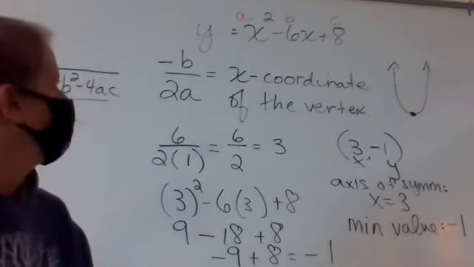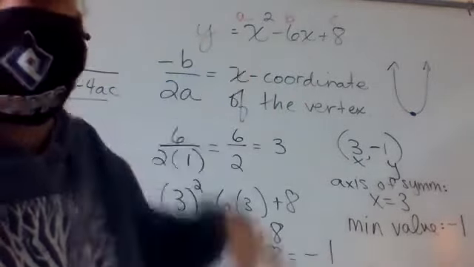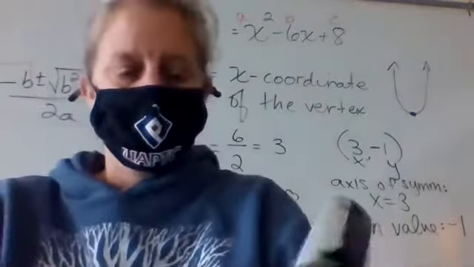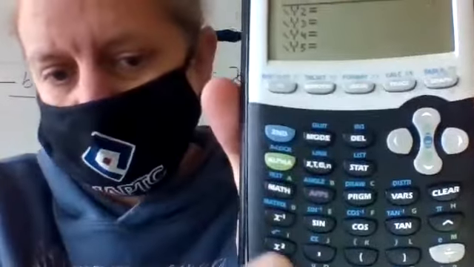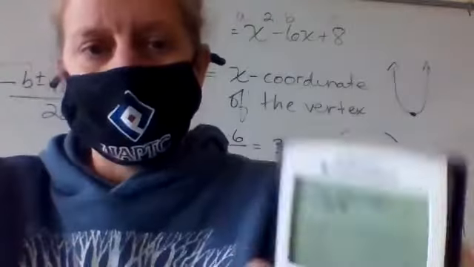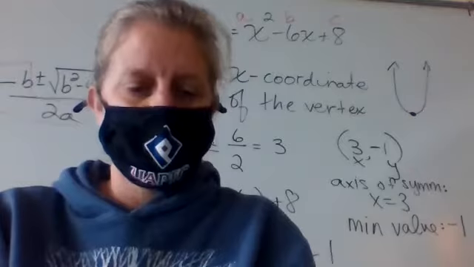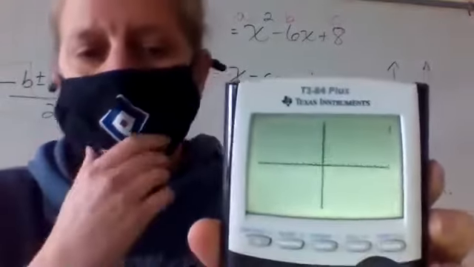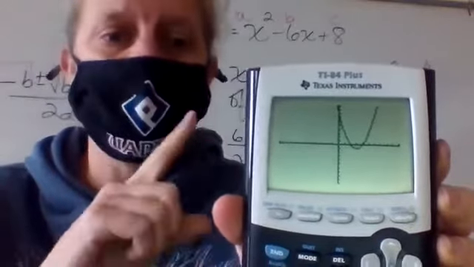Sorry, I couldn't get my calculator to work. So I'm going to put in x squared minus 6x plus 8. So your x button, then your squared button. Minus 6x plus 8. So let's graph it to see what it looks like. So just like we thought, it's going to be a right side up parabola.